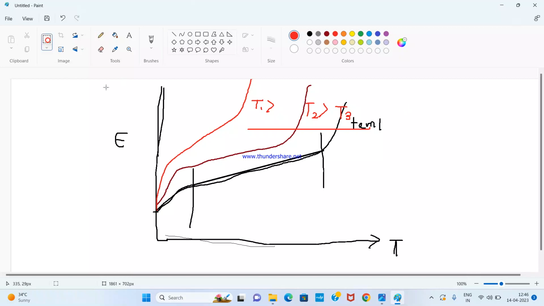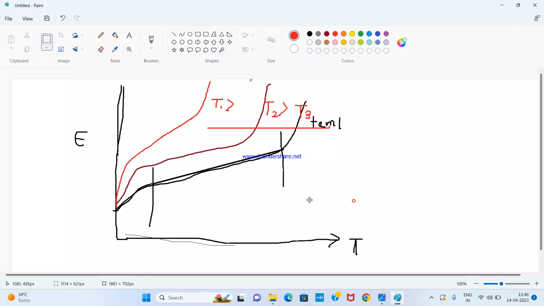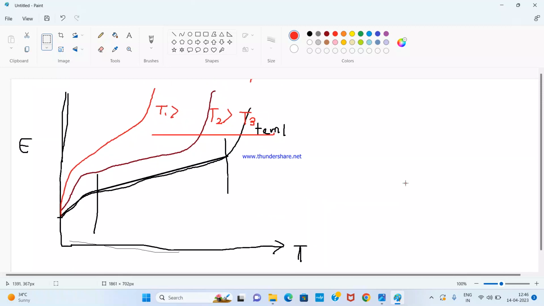So we will be mostly concentrating on the steady state part, because it will be very easy to formulate or predict this part, as it is a linear part.